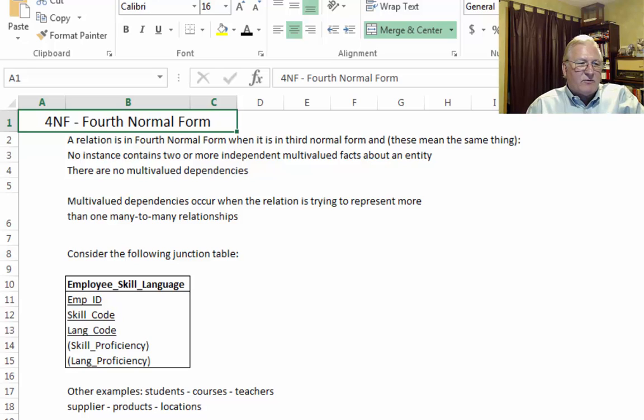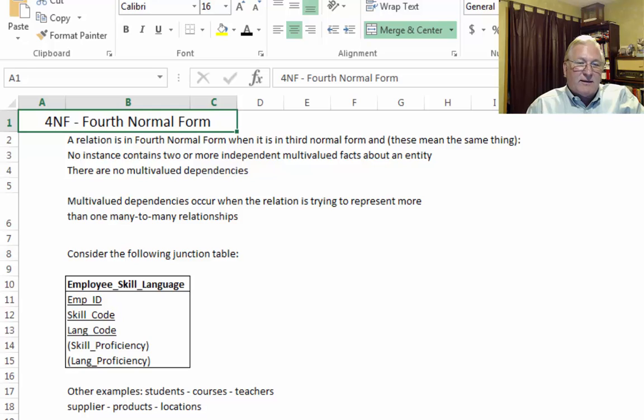So let's consider the case where we have a table about an employee. The employee might have many skills, and the employee might also have many languages. And the problem arises when we try to represent in the same table all of the skills and all of the languages that the employee might have.